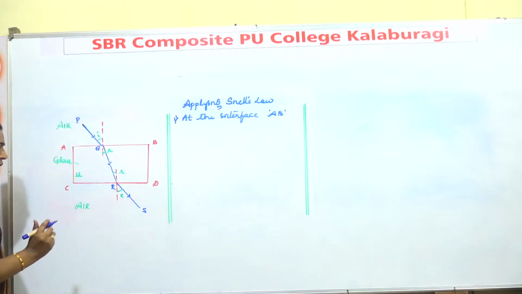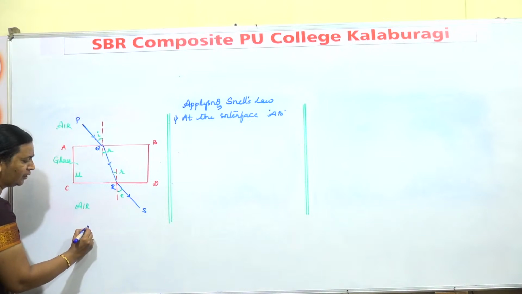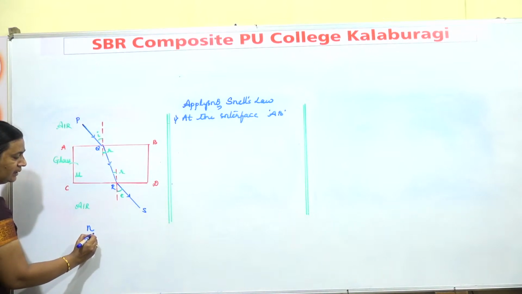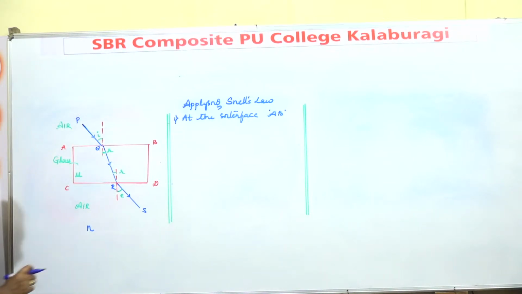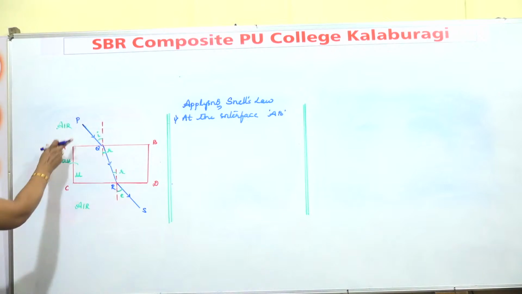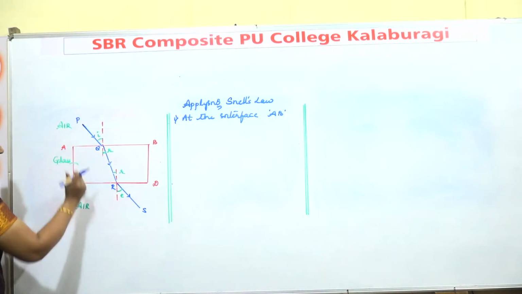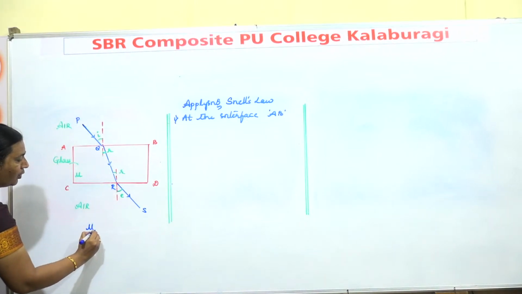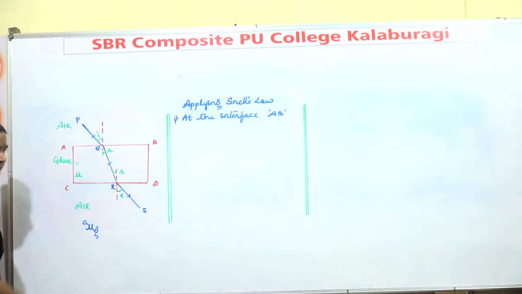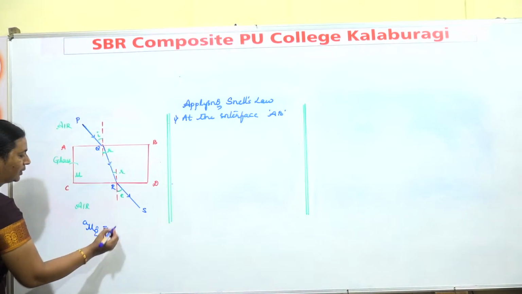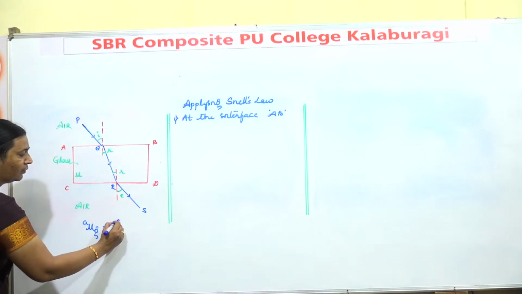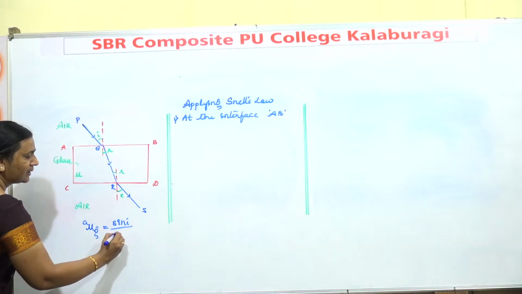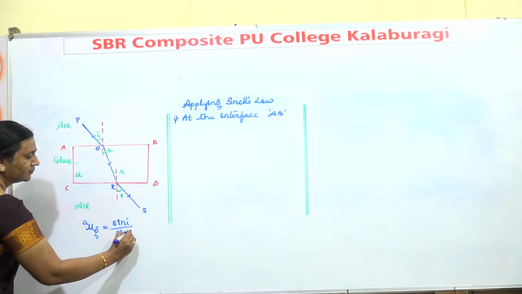Yesterday I did not tell you, you can even write your law like this. When the light is entering from air to glass, the second medium is glass. So what will you write? Mu of glass with respect to air, that becomes sine of I by sine of R.